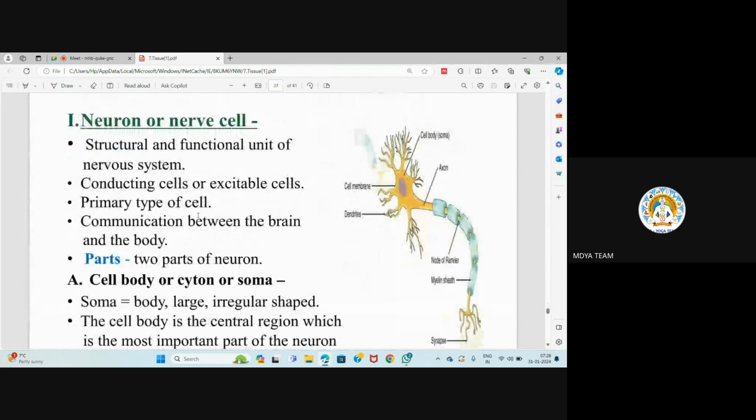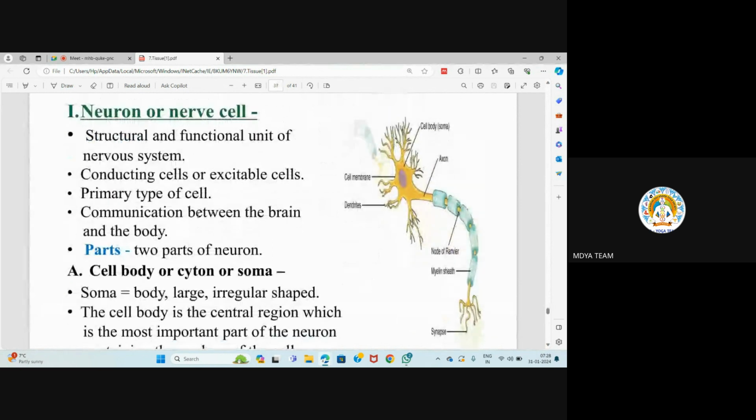Now, let us see in detail about the neuron or nerve cell. So, here comes a very important question: what is the unit of the nervous system? Can you please answer? Neurons. Yes.